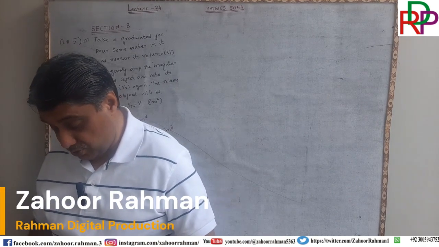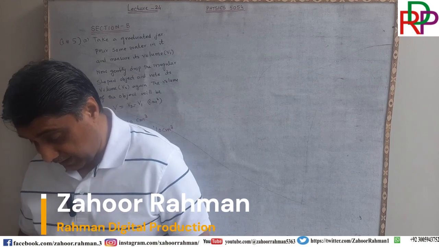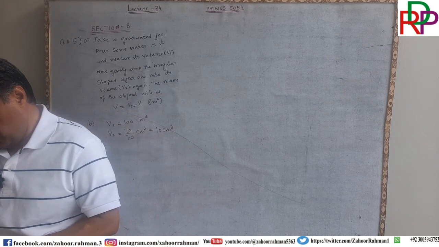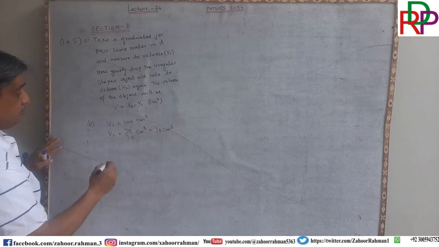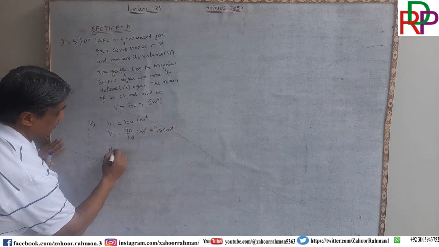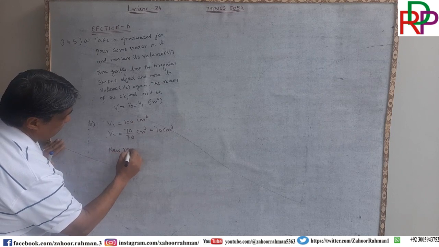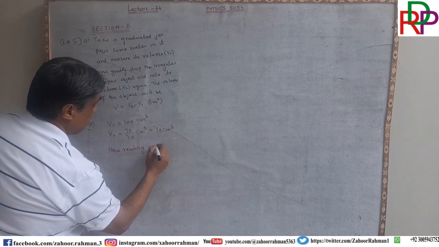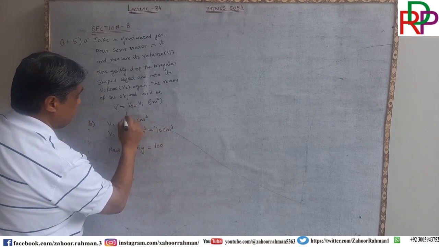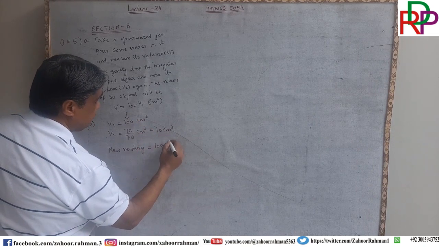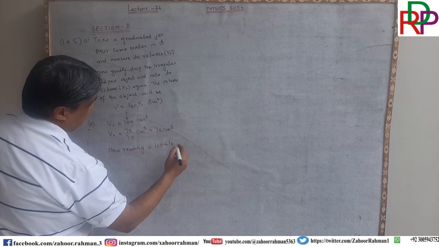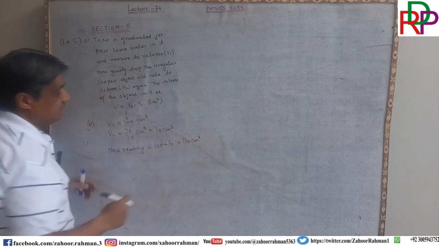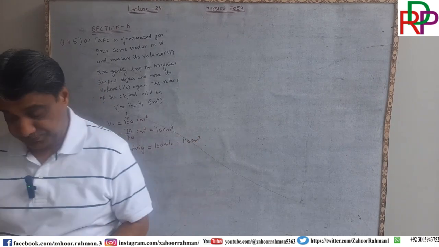Calculate the new reading on the measuring cylinder. So new reading is equal to 100, this one, plus this one which is 10, and that will be equal to 110 centimeter cube.